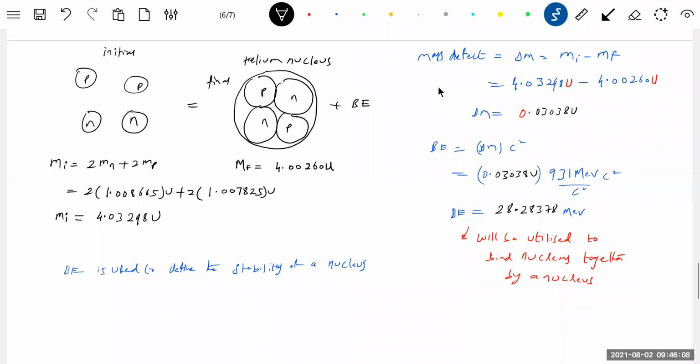So can we calculate the binding energy per nucleon? How many nucleons are there in the nucleus? 4. It is used to define the stability of the nucleus. So what is the binding energy per nucleon? A very important parameter. So this will be 28.28378.